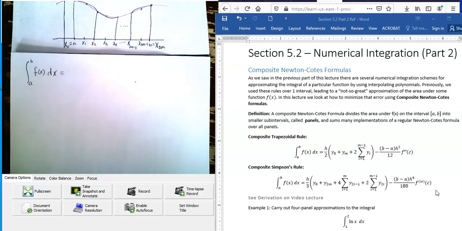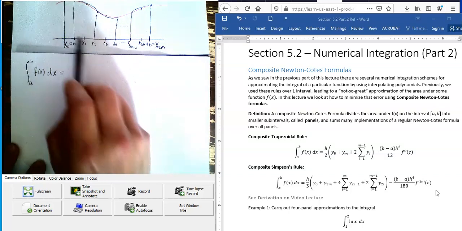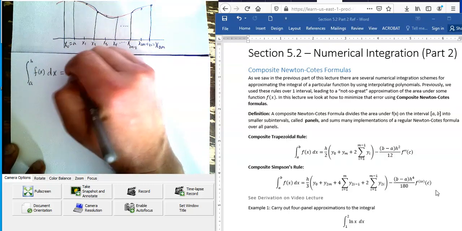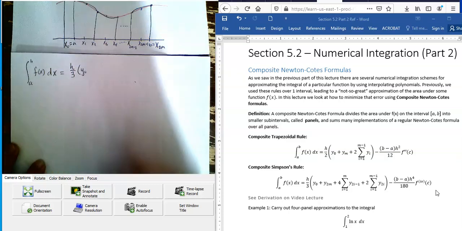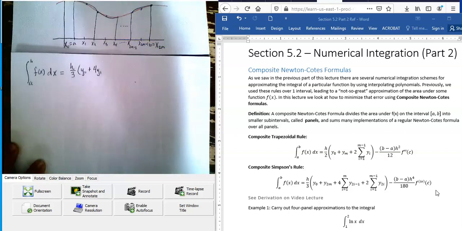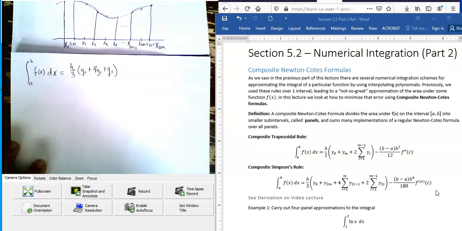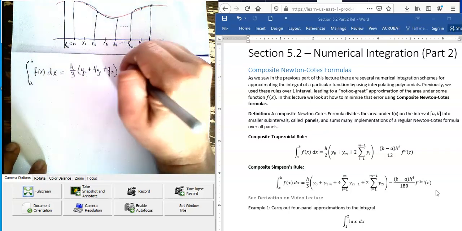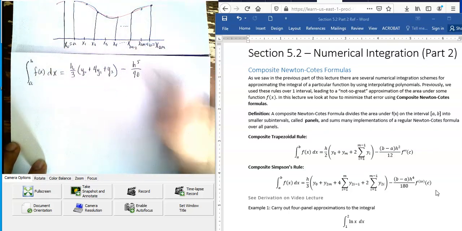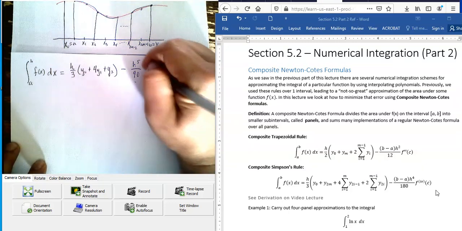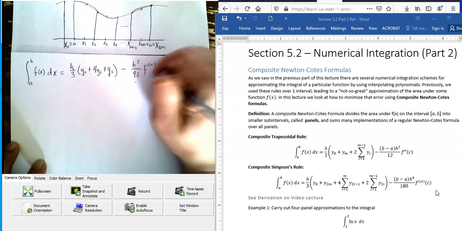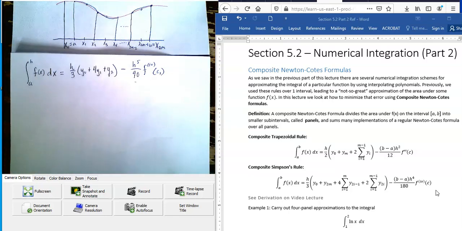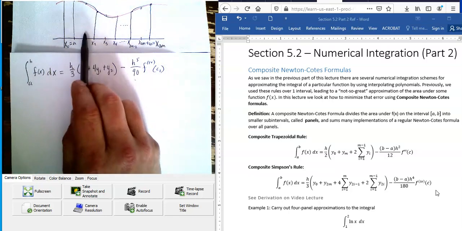If we look back at the Simpson's rule formula, the area of the first panel is h over 3 times y0 plus 4y1 plus y2, minus the error term, which is h to the 5th over 90 times the 4th derivative of f at, let's say, c1. So that gives us the area of the first panel.